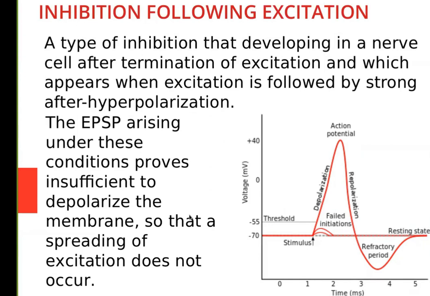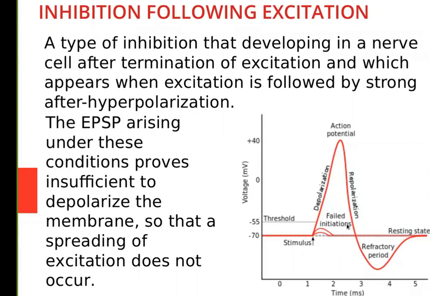And inhibition after excitation. It's another situation, but again you might find on this graph that when the action potential is finished, in many cells and tissues, they transfer to the after-potential, to the hyperpolarization period.